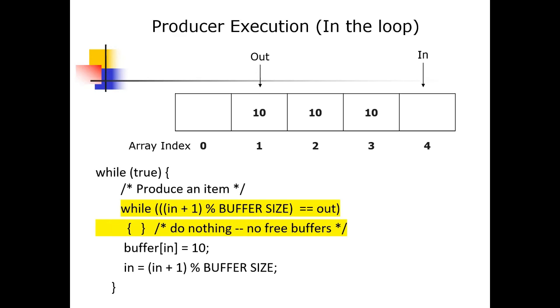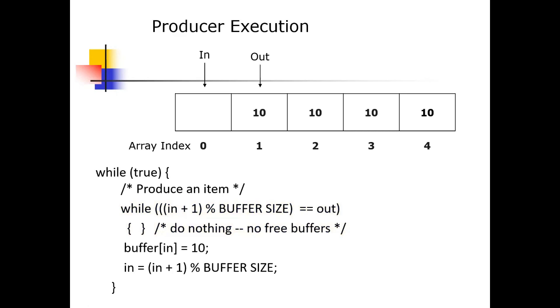Yeah, value is 0, right? Because 4 plus 1 is 5. Buffer size is 5. 5 mod 5, when you divide 5 by 5 the remainder is 0, in becomes 0. So we have free space. Now the fourth element will be filled. Now in becomes 0.